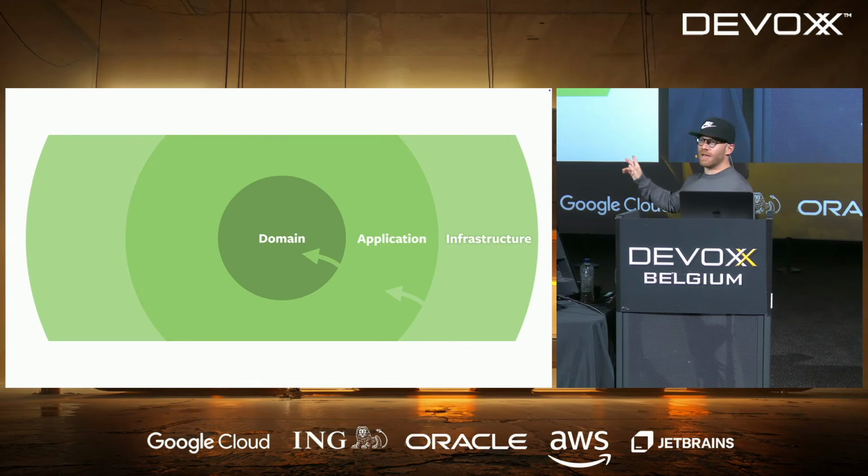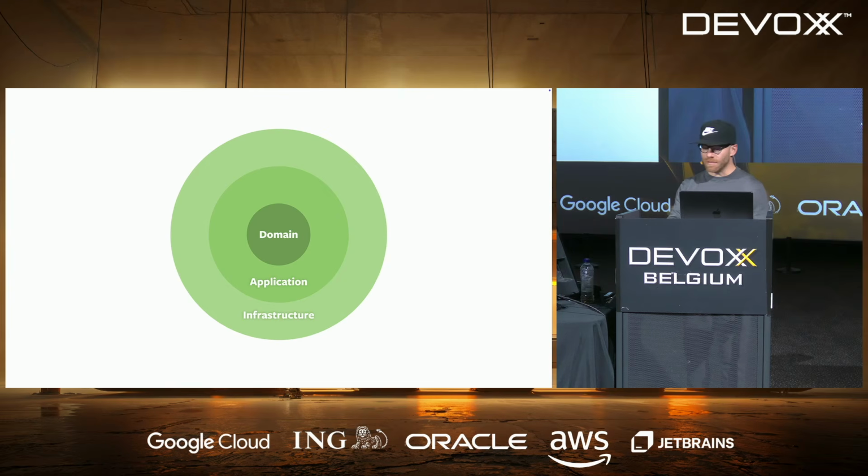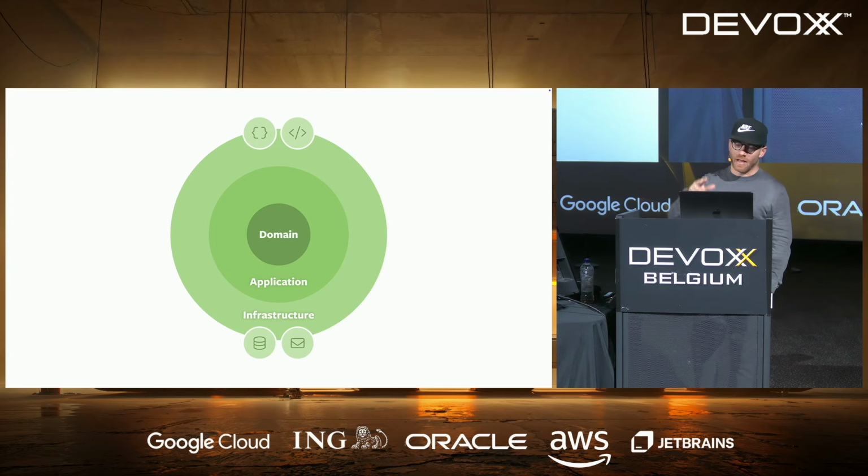In a Spring application, long before anyone talked about hexagonal or onion architecture, we were placing @Controller classes in the infrastructure ring that were talking to @Service annotated classes in the application ring, which were using domain abstractions like customer, zip code, what have you. So that's nothing really new or fancy. It's just one way to think about your application: web pages, server-side rendering, APIs, messaging, and databases in the lower part.